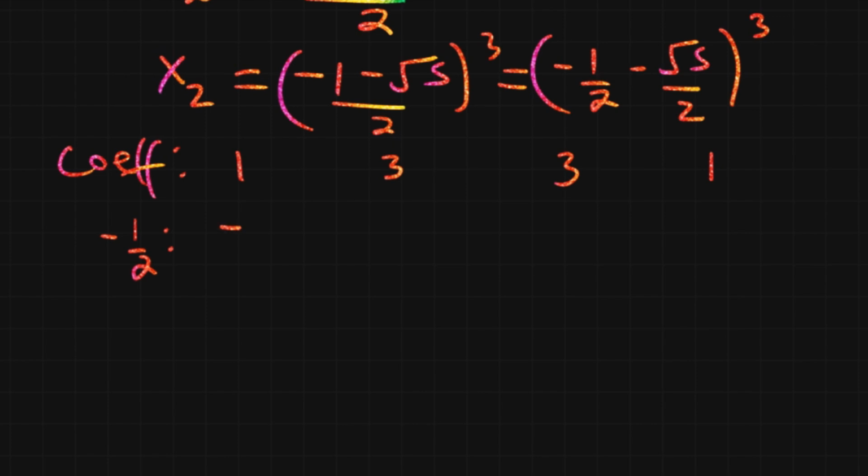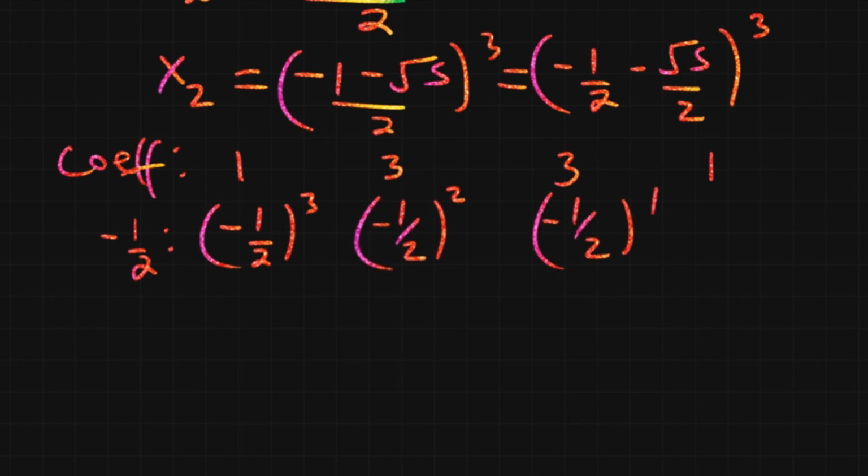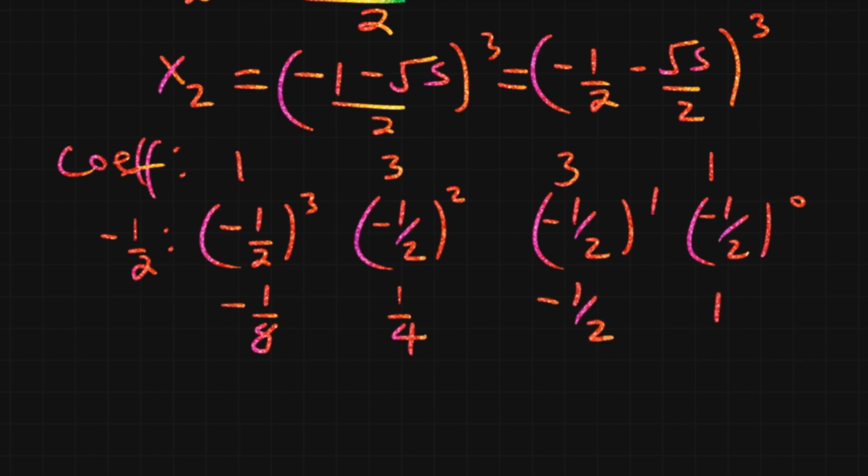So it means at the beginning we're going to have minus half raised to power 3, minus half raised to power 2, minus half raised to power 1, and minus half raised to power 0. So if we simplify this, this is minus 1 over 8. This is 1 over 4. This is minus half. And this is just 1.